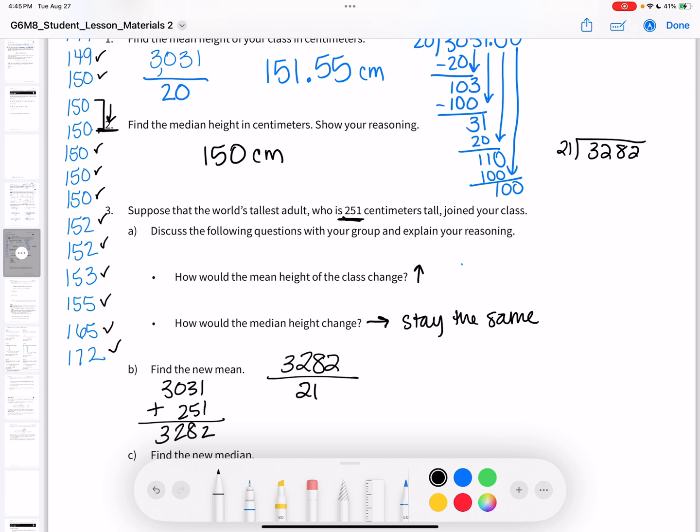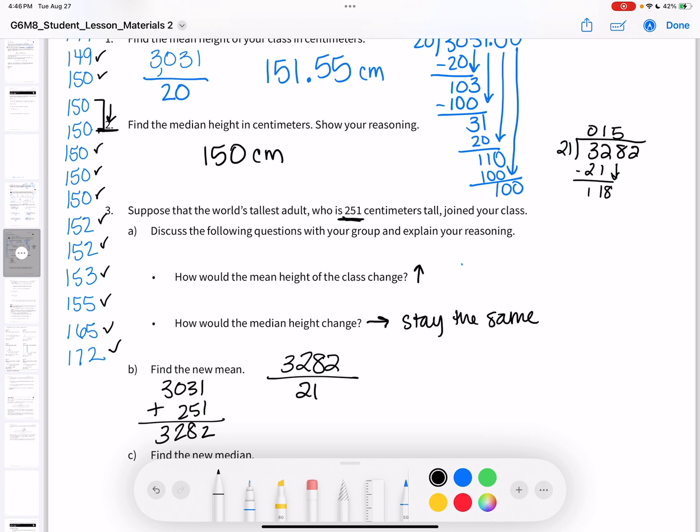So 21 goes into 3 0 times. So I add my 0 there. All right, and then we're going to go, 21 goes into 32 one time. That's 21. Subtract, that's 11, bring down the 8. 21 goes into 118 5 times.